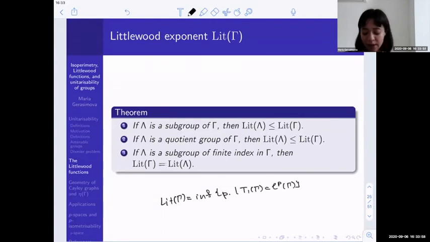And it's not very clear how to construct groups using the definition, because usually for complicated groups you're not able to say anything about T1 of gamma, so it's very hard to work with the definition. So we need some relation maybe to some geometry or to Cayley graphs, because with Cayley graphs we are more used to working, and it is very nice that such a connection really exists.